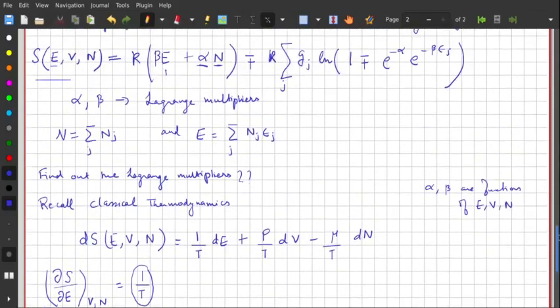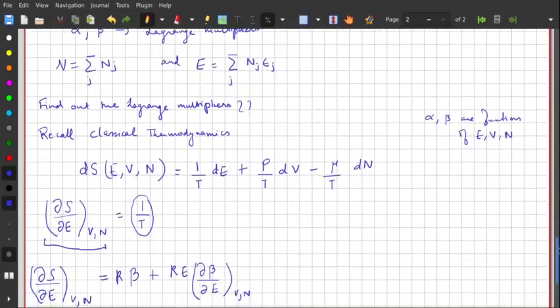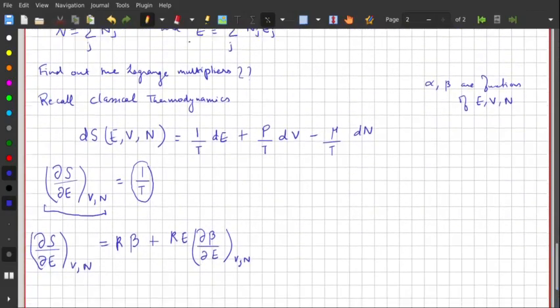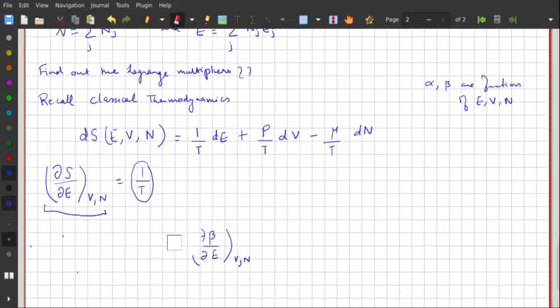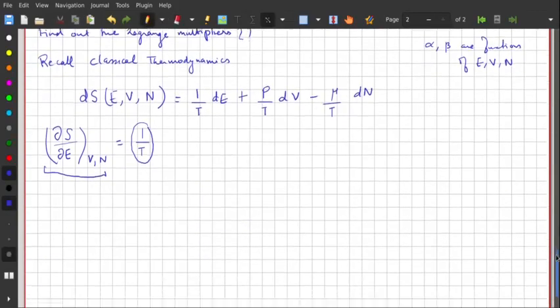Actually let me rewrite the entropy equation once more here, just so that I have some reference before we do this, because otherwise it's difficult to keep the bookkeeping.